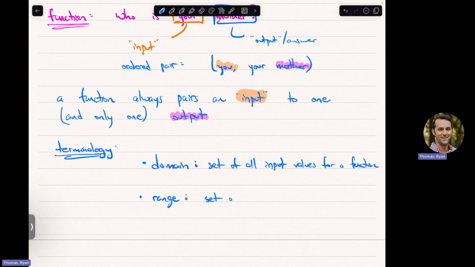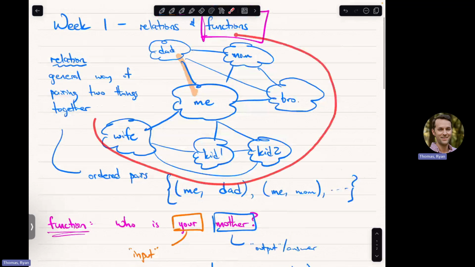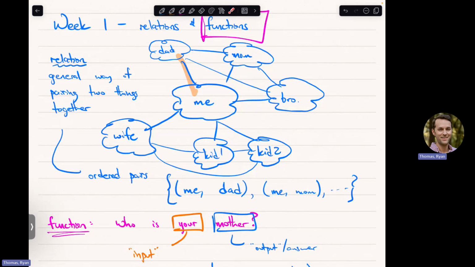Range is the set of all output values. So if I'm asking about this scenario, who am I related to, the only thing in the domain might be me. This central thing that this web is all built around. The range, the output values, might be all these people that I'm related to.